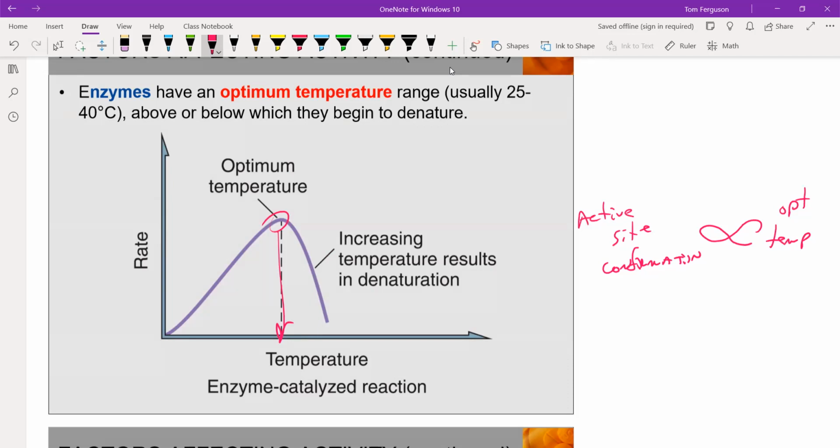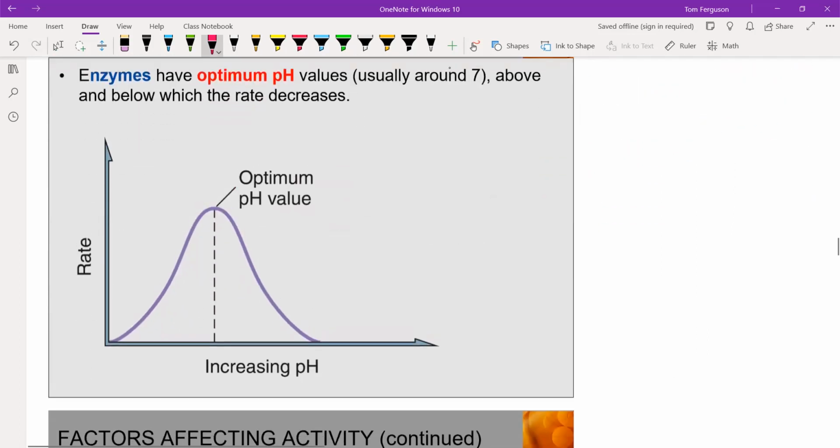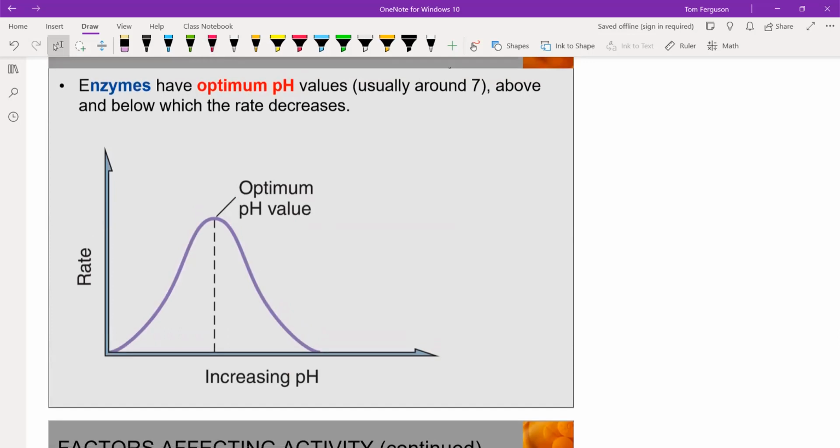The active site changes the optimum by changing the temperature. The rate will change dramatically. And this depends on the situation. It could be a very steep curve or it could be a very broad one. So it depends on the combination. Same with pH, exactly the same thing.